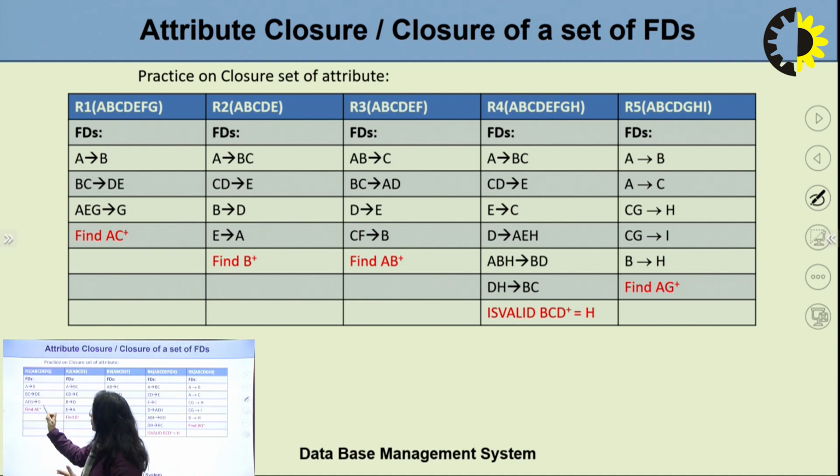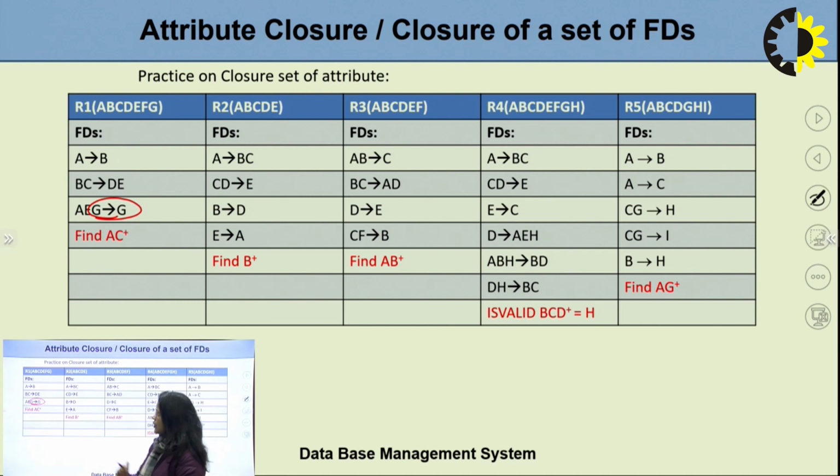After that, we are not able to determine this G here, because we do not have G in our hand, or to determine this G, we should know the G. This is the trivial one, okay. Here also we need to find B plus. It means B is in our hand.